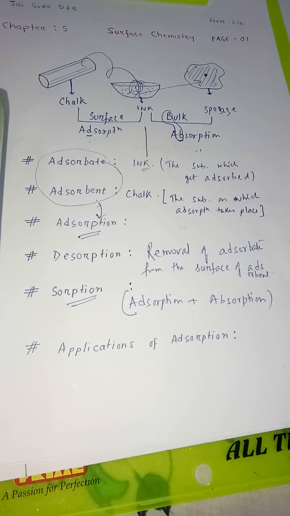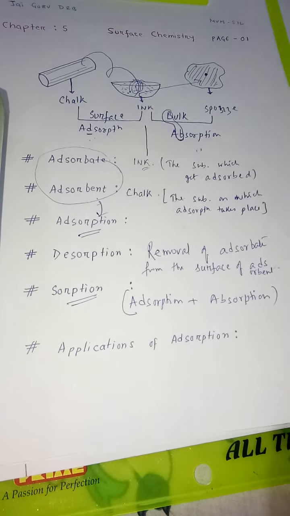Another one, the masks that coal miners wear have some adsorbent on them which adsorbs the poisonous gases present there. Another one is that in order to control humidity, if you spray something, that can absorb the moisture present in the atmosphere.